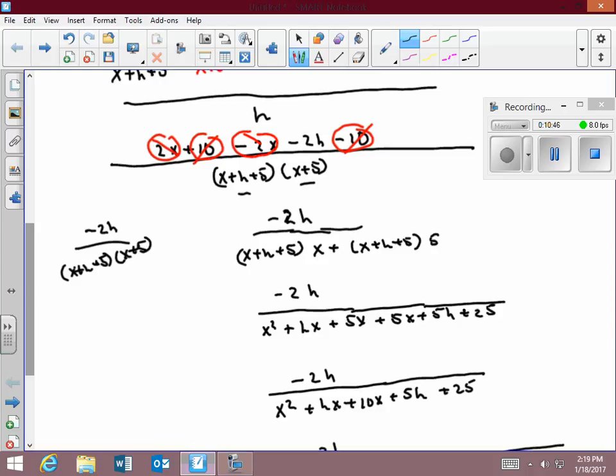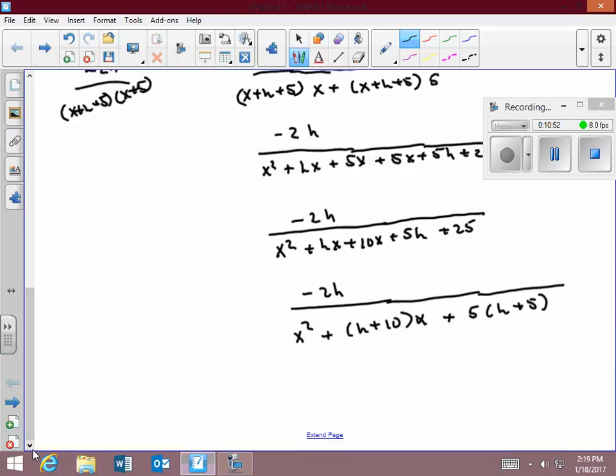Yeah, that was just this thing simplified. I don't think that thing will factor. Okay, I think this is probably the answer that they're looking for in the book.